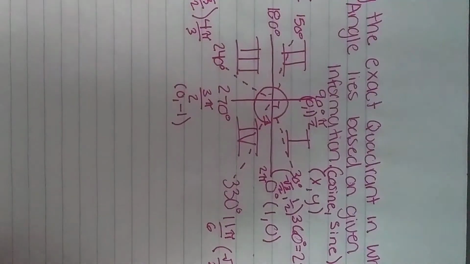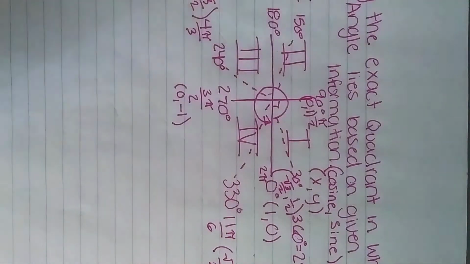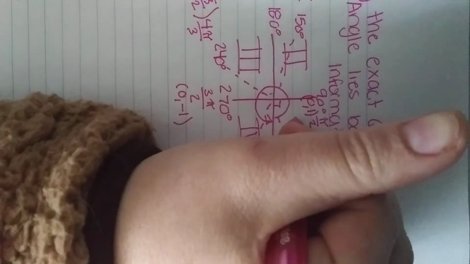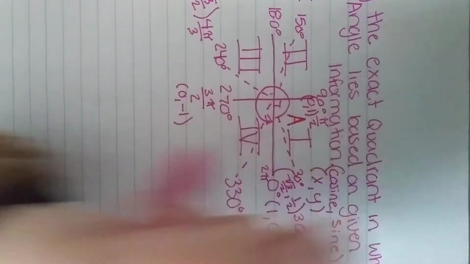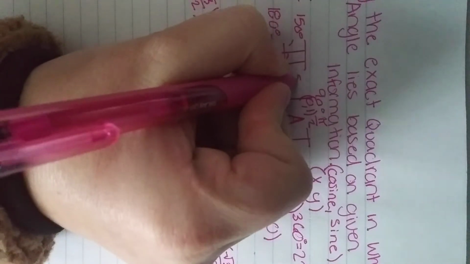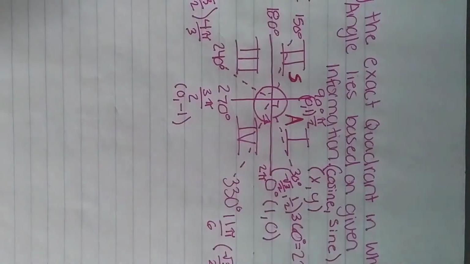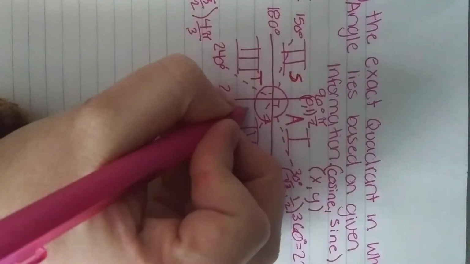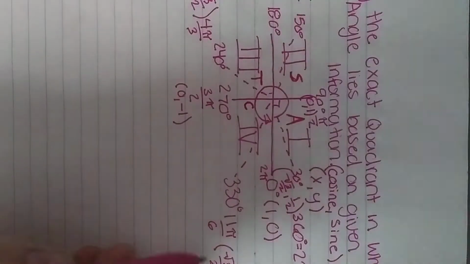Now, if you can see somewhat of the pattern, if you continue on, and we can say all variables are positive here, sine is positive in quadrant 2, tangent is positive in quadrant 3, and cosine is positive in quadrant 4.